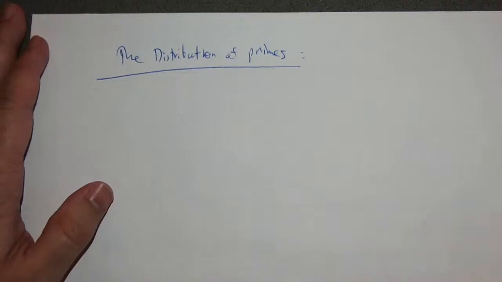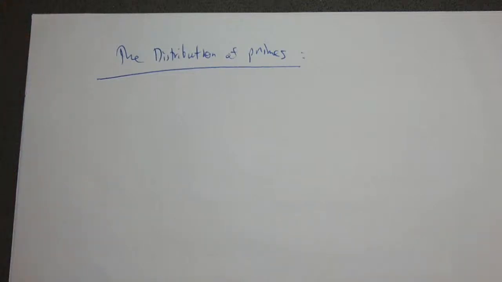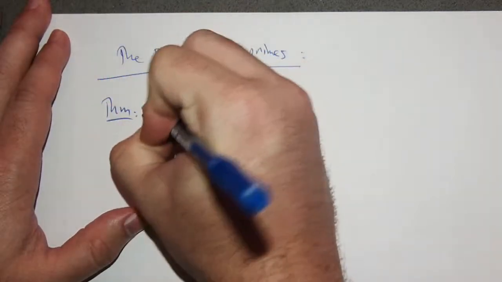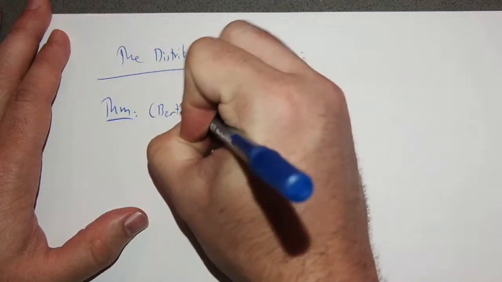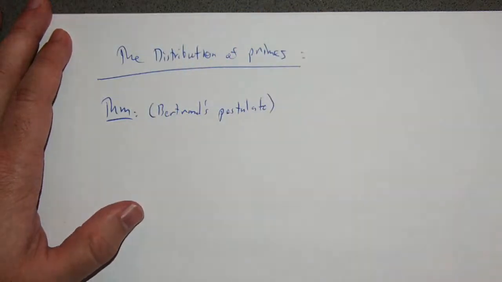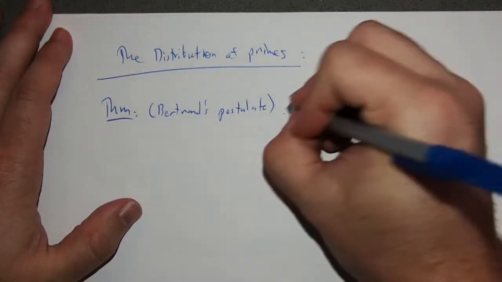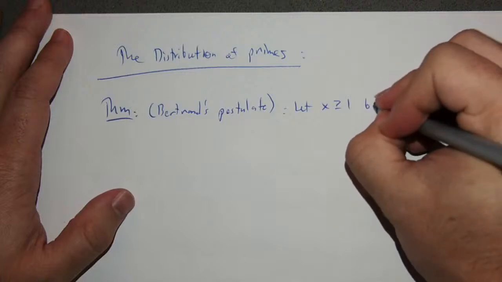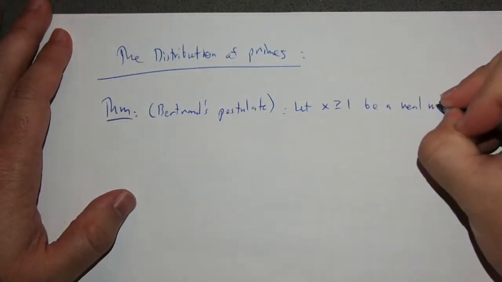But the following theorem was once a conjecture before it was proven. It was called Bertrand's postulate. And so this was shown first, I think, by Chebyshev. So there's a theorem, which is Bertrand's postulate. Okay, it says let x at least 1 be a real number.